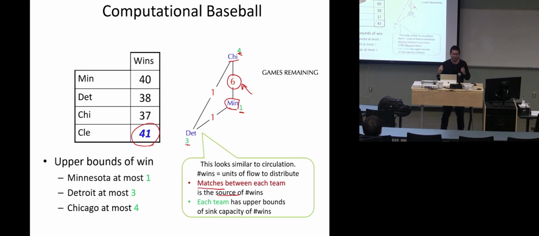And if there is a way to distribute these wins so that it respects the sink capacity, then Cleveland can be the number 1 in the tournament. So I hope that makes sense intuitively. Let's see the formal reduction.